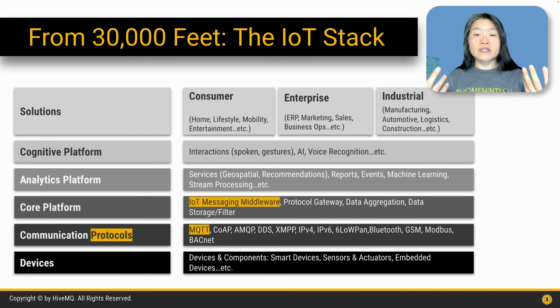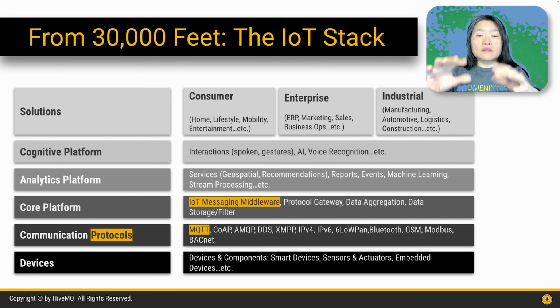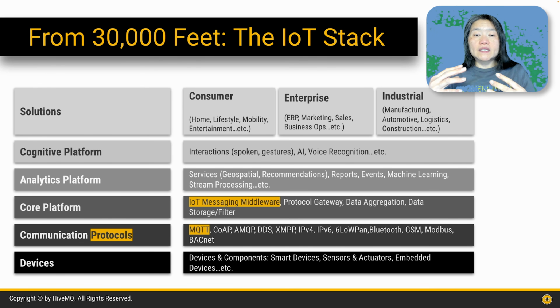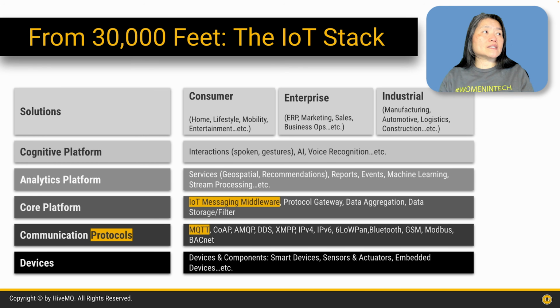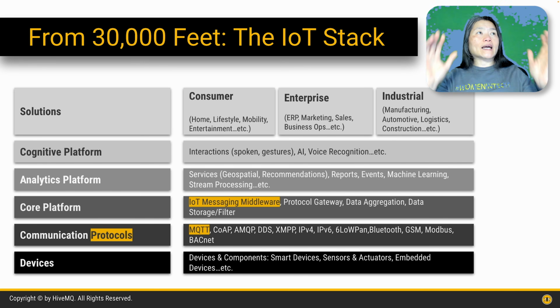It does its job really well, the broker. So that belongs more to the core platforms, really infrastructural types of services. Then there are also protocol gateways, data aggregation, data storage and filter. These are more core infrastructural service platforms. So that's where MQTT and the HiveMQ product set fit inside this IoT stack.